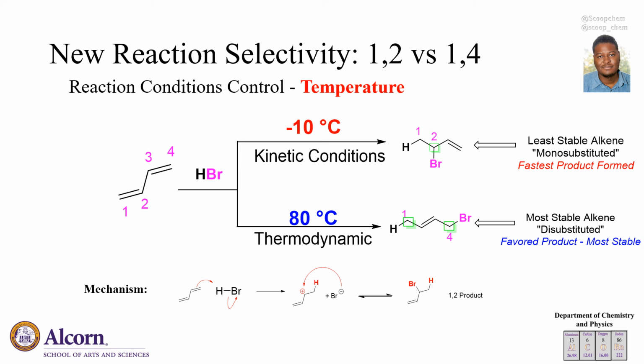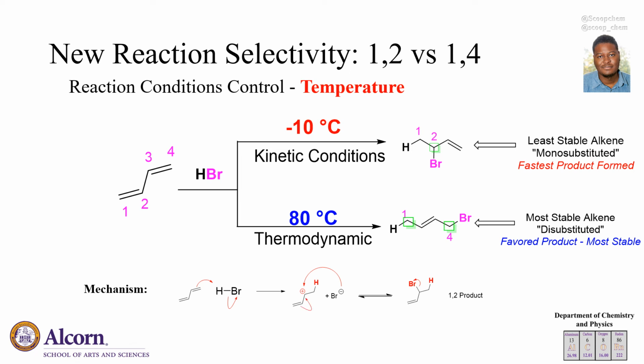This 1,2 product is not stable. If you look in between, there's an equilibrium arrow here. I'm going to circle that really quickly. It's letting you know that this product can equilibrate back to this carbocation. The bromine can fall off again, and now you generate back your secondary carbocation.